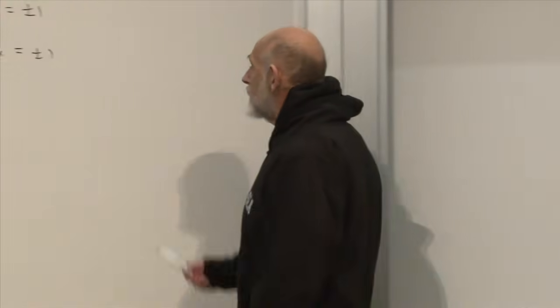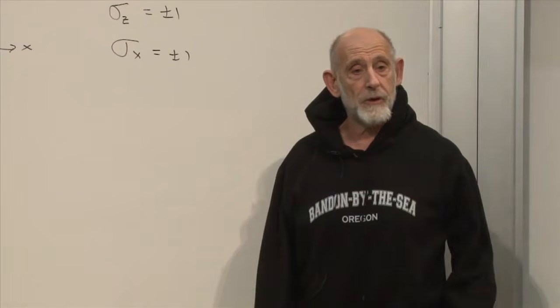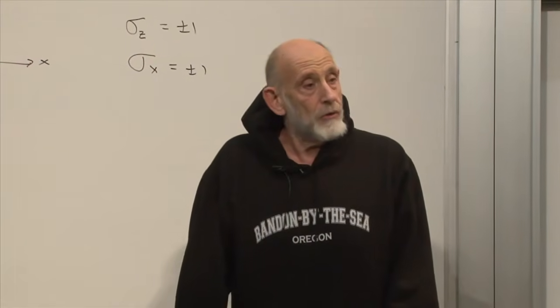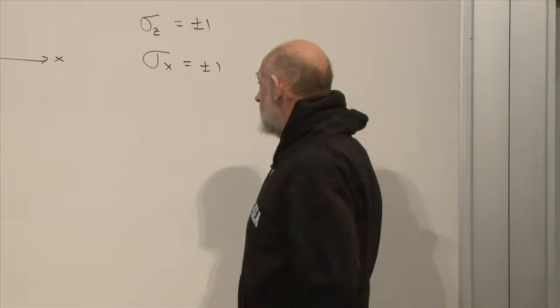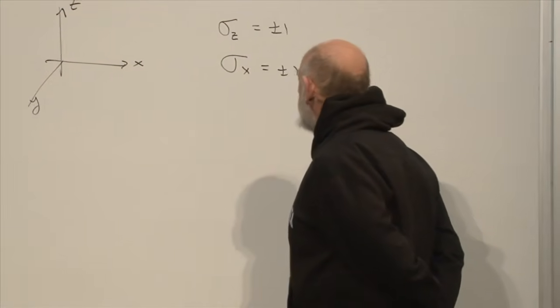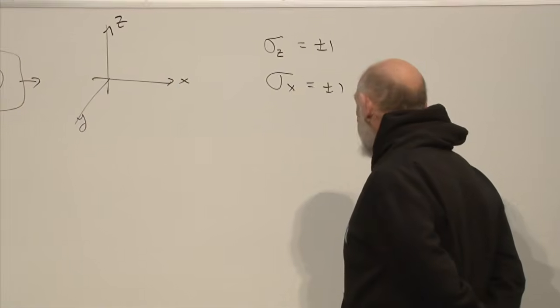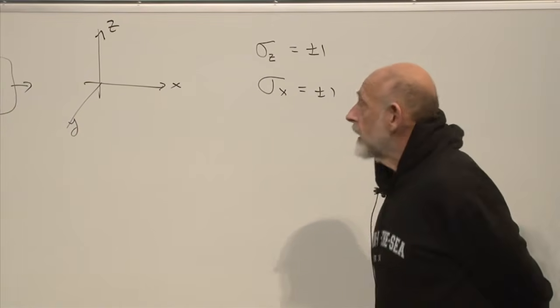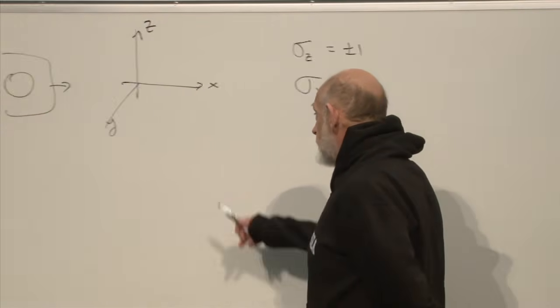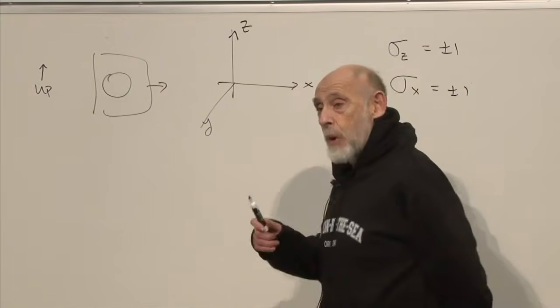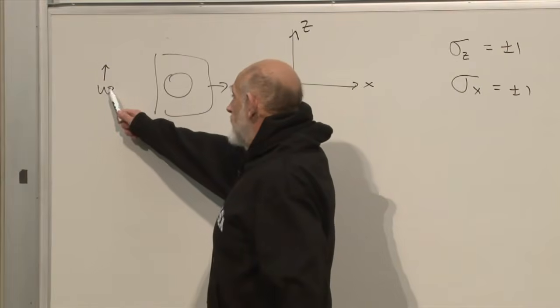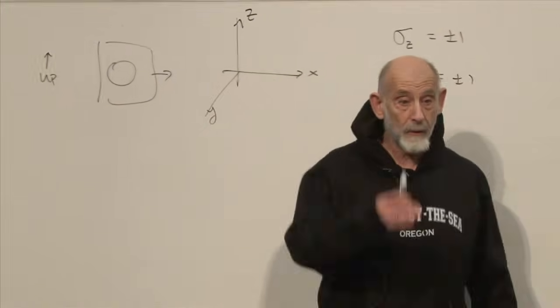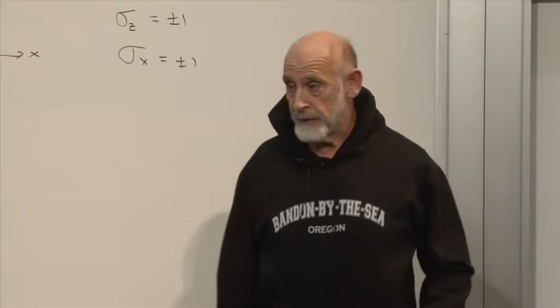Half the times you would get sigma x equals +1, half the times you would get sigma x equals -1, even though you knew sigma z was exactly +1 in each case. So something's funny, but what is true is that the average value of sigma x will be 0 if the initial starting point was a spin that was up along the z-axis.